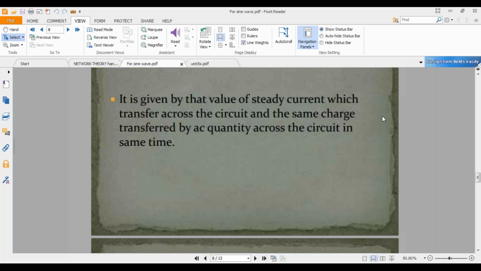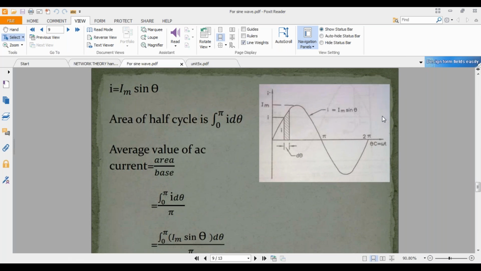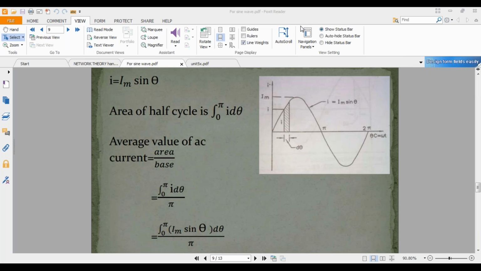First of all, I will show you how to calculate an average value, the arithmetical one. Let me take a sine function, so that this curve is defined by the equation i of t is equal to Im sin theta, where theta is equal to omega t.